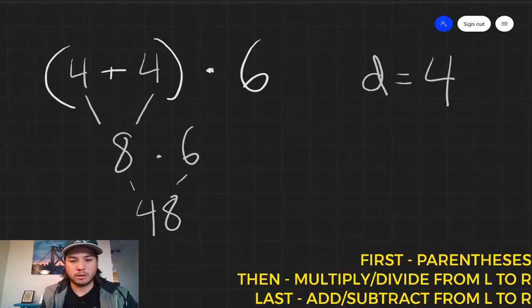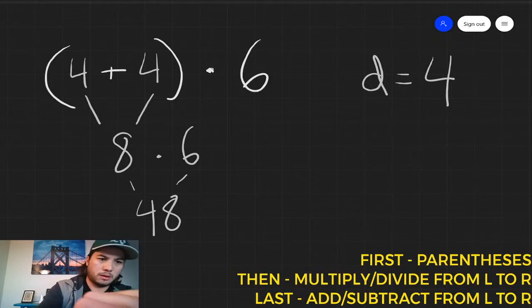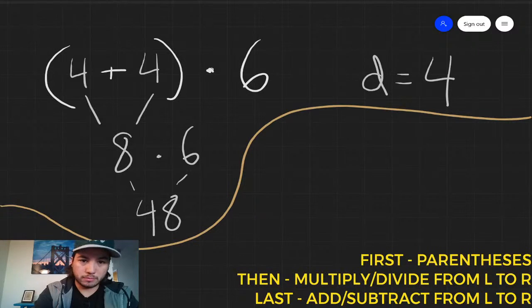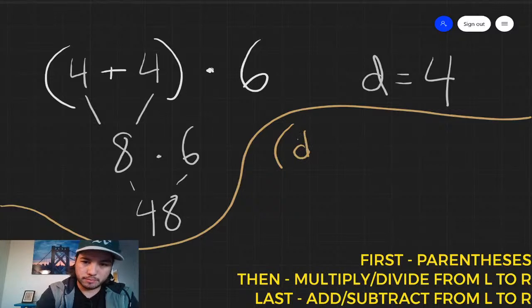48. Okay, and I saw a couple of people put in the chat that this would be the same as D times 2. So let's try that to be accurate here. D times 2 times 6.